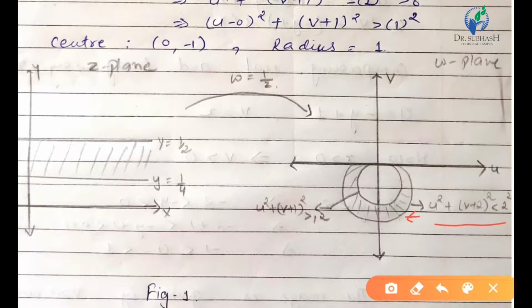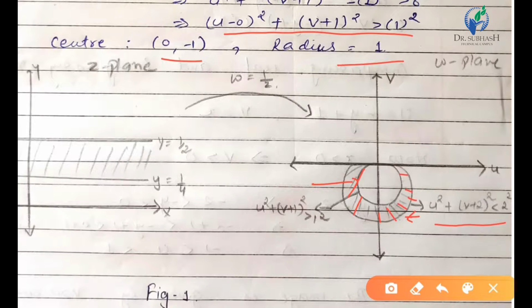And we just obtained another circle with center (0, minus 1) and radius 1. We have drawn this other circle, the inner circle. Our condition is that the image lies between these two circles, so the space between these two is our required image.